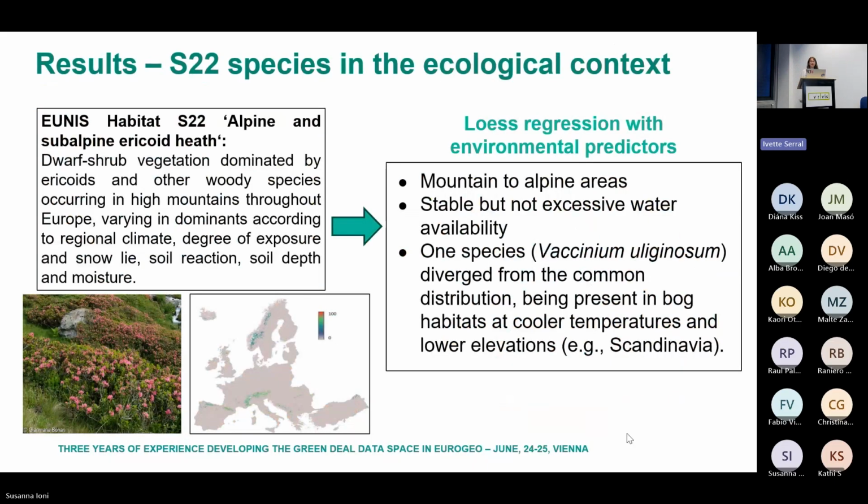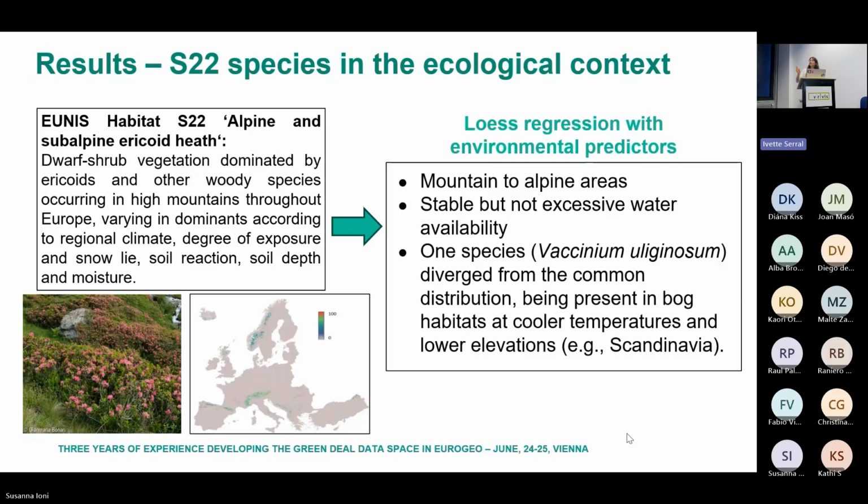And so at the beginning, what we saw through a regression test of our data and the environmental predictors is that actually the earliest definition of the habitat was making sense with what we found, how the species were found in the ecological context, because we saw that indeed they are found in mountain and alpine areas, and they need stable, not excessive water availability.